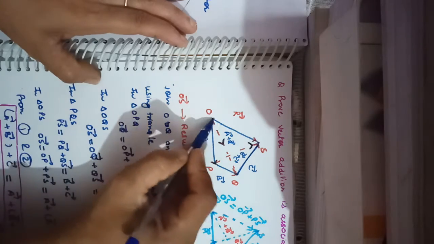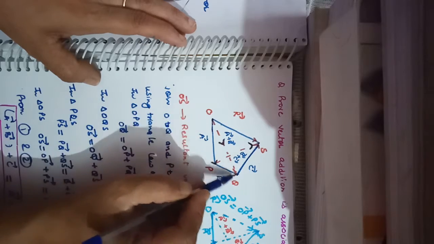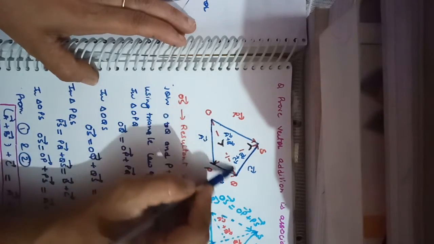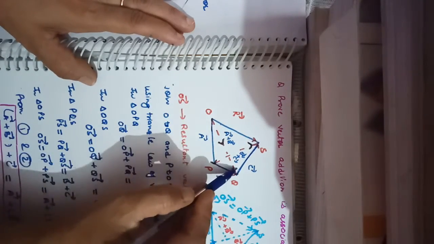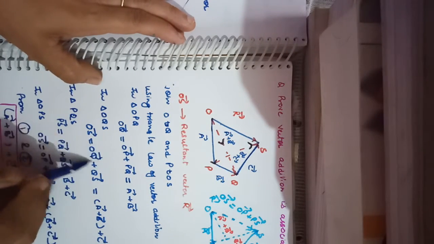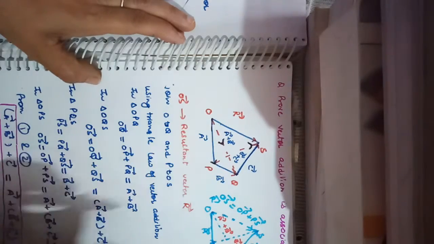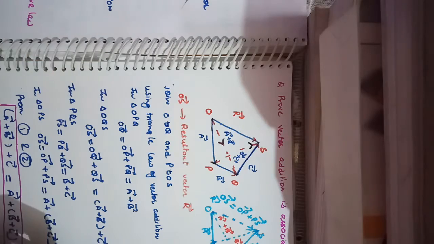What is OS vector? This OS vector. OS vector you will write is equal to OQ vector plus QS vector. The resultant of these two is this, one vector and two vector, and this vector is A plus B vector. So in place of OQ, what you will write? A plus B vector. And what is QS? C vector. Equation number 1.